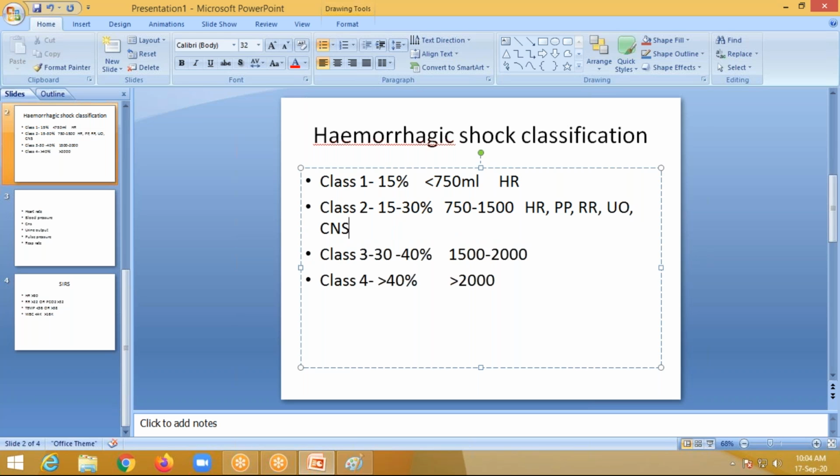So this is the transition phase between a normal patient and shock, and if the patient is in class 2, you will come to know that the patient is going into shock.